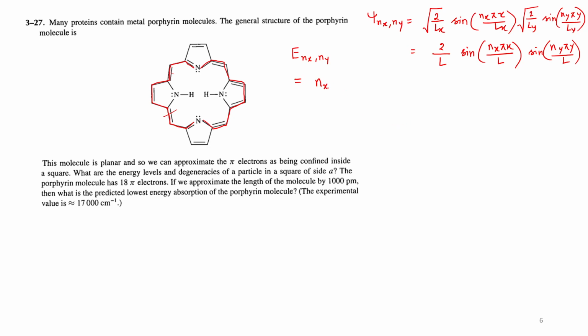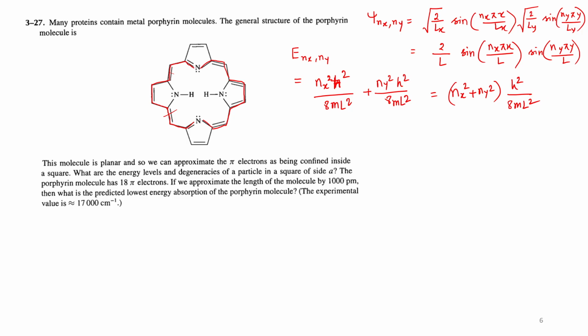So it will be nx square h square by 8 m L square, not h cut, only h, plus ny square h square by 8 m L square. You can write it as nx square plus ny square, taking h square by 8 m L square as common. Up to this, I hope you are fine.